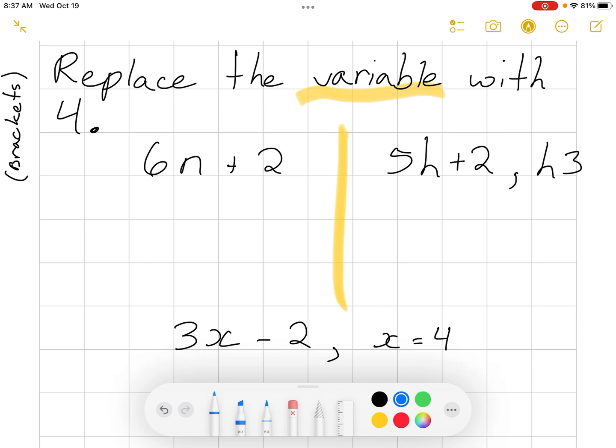All right, so this says replace the variable with the number 4. So I'm just going to rewrite this. And notice that now, oh, that's a multiply. I tend to work underneath, and I don't put the equal sign in. I tend to just work down, and it's easier.